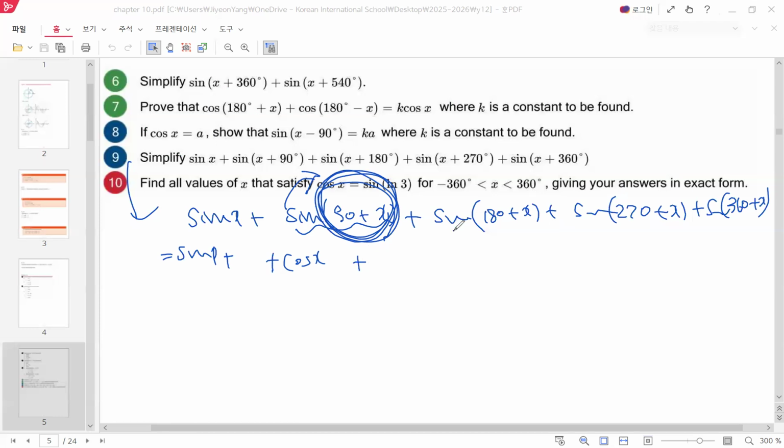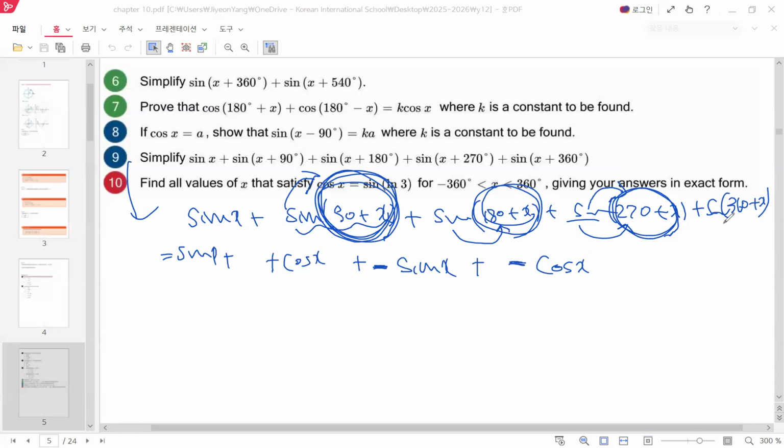Plus sine 180 plus x. Is it sine or cosine? Sine x. And then, yeah, this is the third quadrant, so you need to write down negative here. Plus sine 270 plus x is going to change to cosine. And then which quadrant is this? Fourth. So sine in the fourth quadrant is going to be negative.